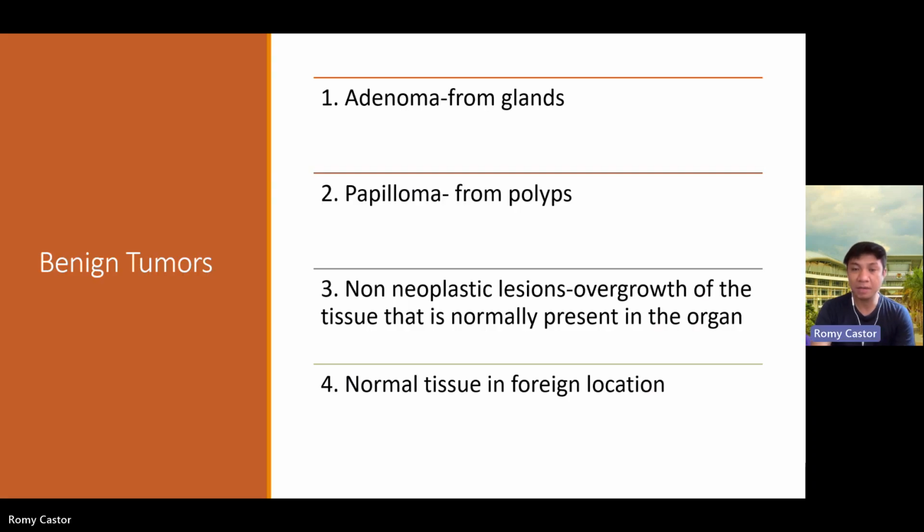Okay, so we have examples of benign tumors. The first one is the benign tumor involving the glands in our body, which we call adenoma. Actually, we can identify whether a tumor is benign or malignant. Usually benign tumors end in the suffix -oma.